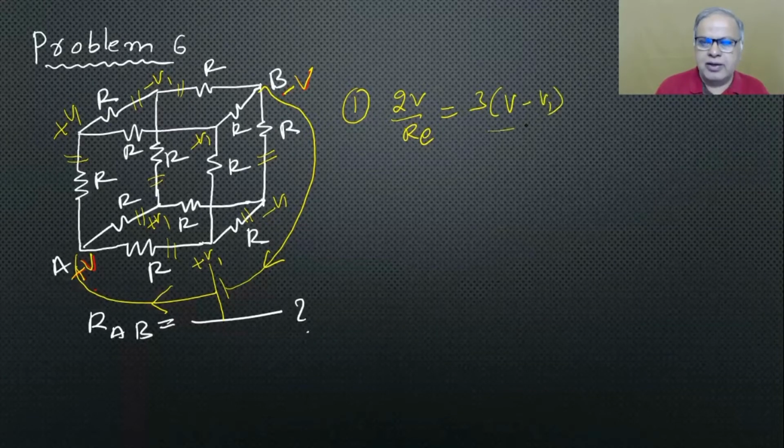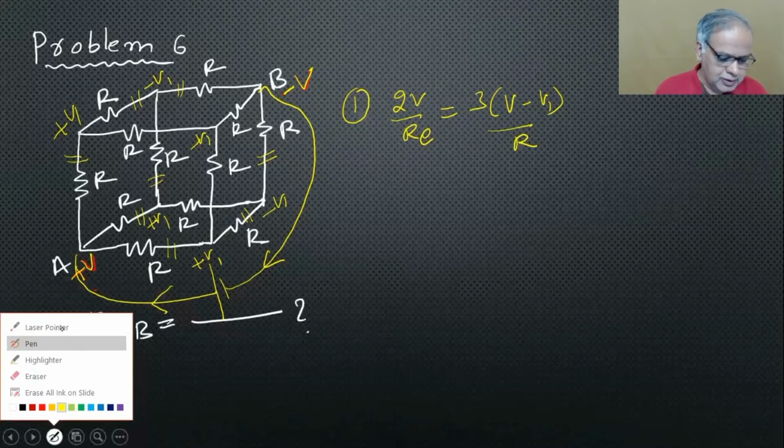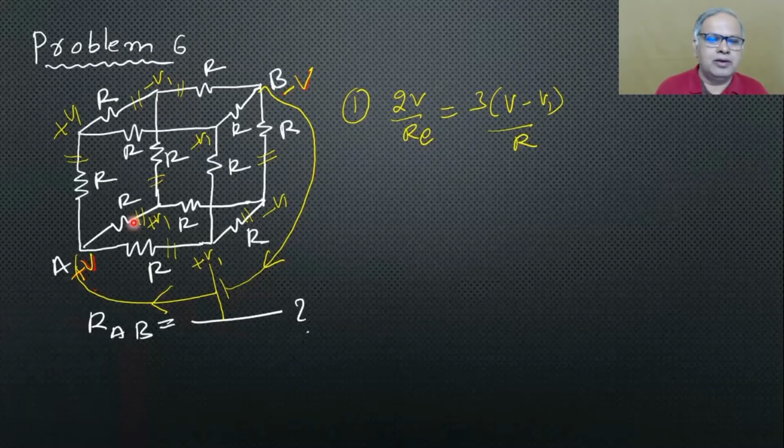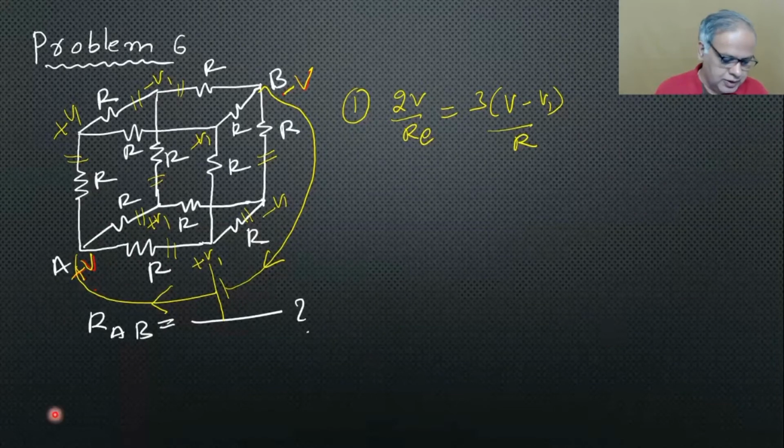That is, (V minus V1) by R plus (V minus V1) by R plus (V minus V1) by R. This one is V1, so this is (V minus V1) by R, that is (V minus V1) by R, that is (V minus V1) by R, isn't it?